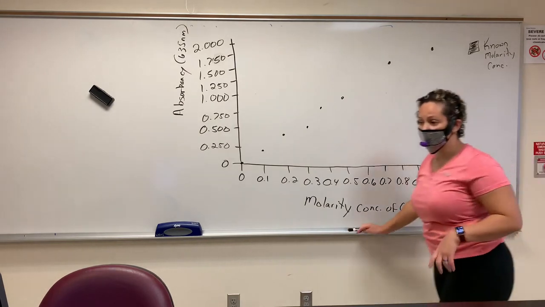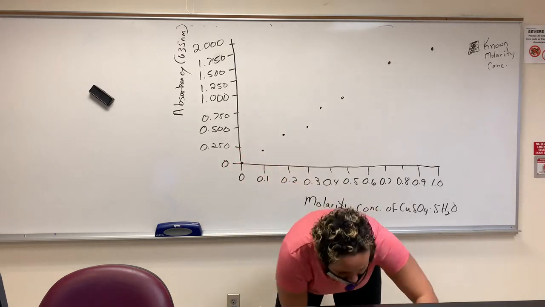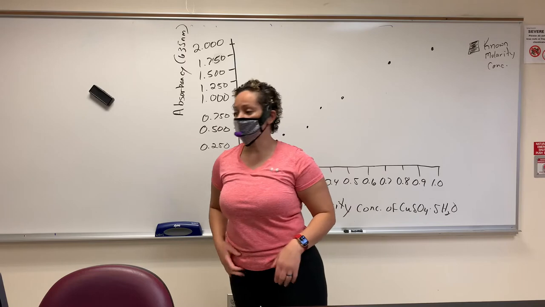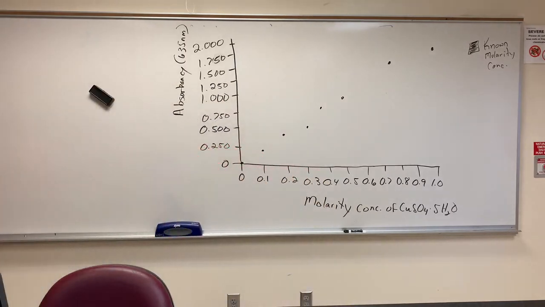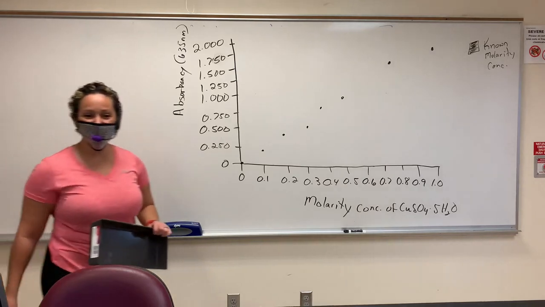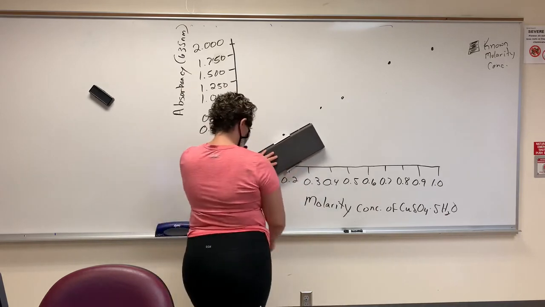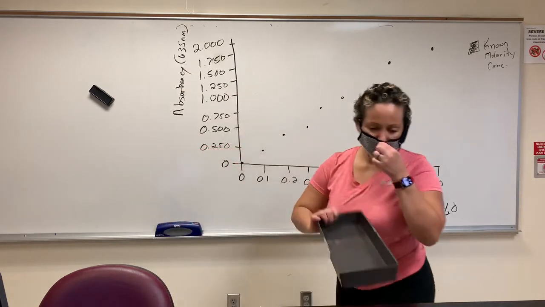Alrighty. Now, I don't have a ruler in here. I know I need a meter stick is what I need. What you do is you take your ruler, you put it smack dab in the middle of the data, okay? I'm going to choose just a different color.